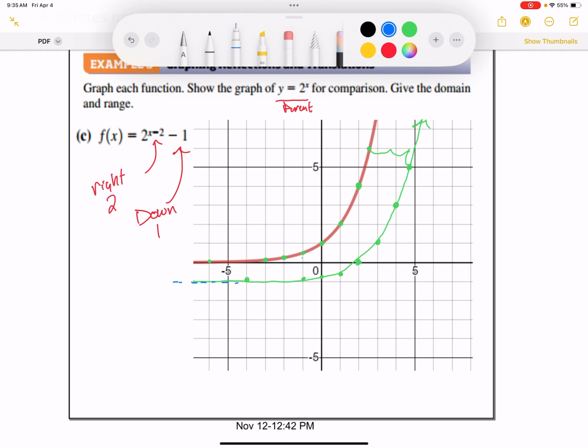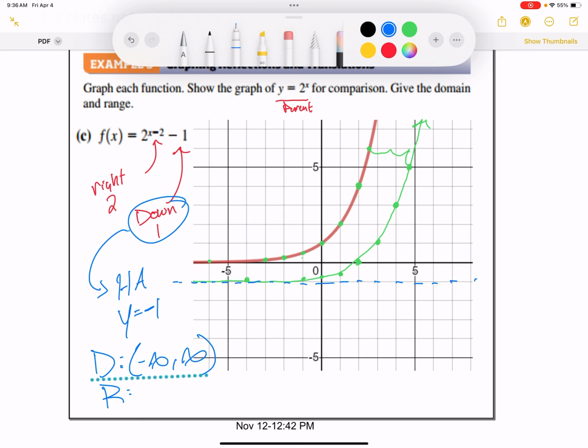But when I shifted it down, this line right here becomes my horizontal asymptote: y equals -1, because of the downward shift. So what's my domain? Still from negative infinity to infinity. What's my range? That would be from -1, but I can't equal -1, and then to infinity. So -1 to infinity, with parentheses because I can't equal -1. This function is increasing along its domain, negative infinity to infinity.